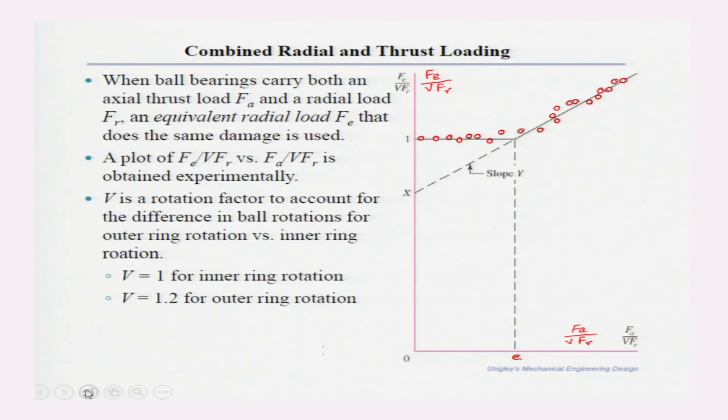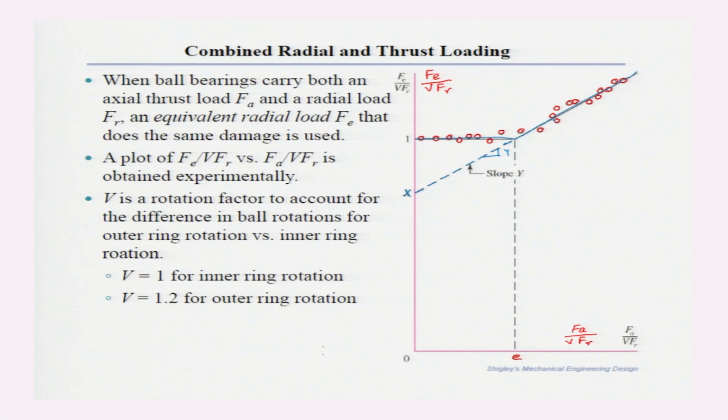This is the best fit line of the experimental data. When this line is extended, it intersects the y-axis at a point X, where Fe divided by VFr is equal to X, and the slope of this line is given by Y. So we can find the equation of this line.